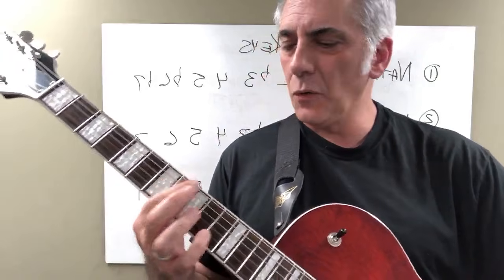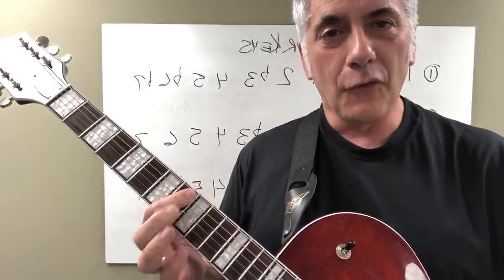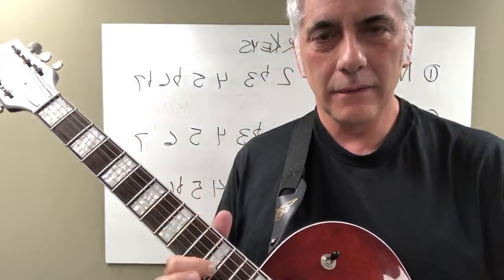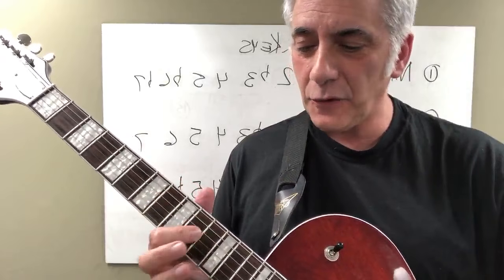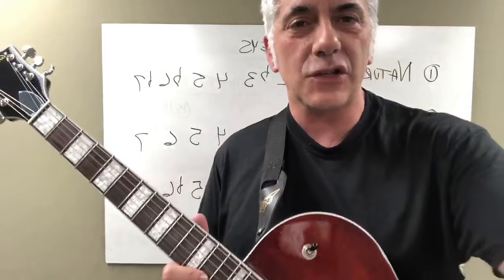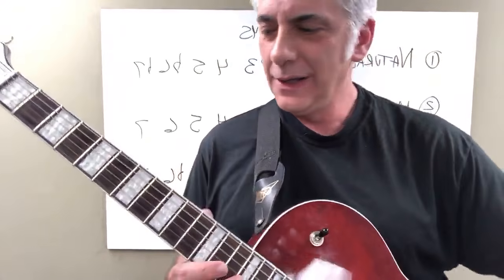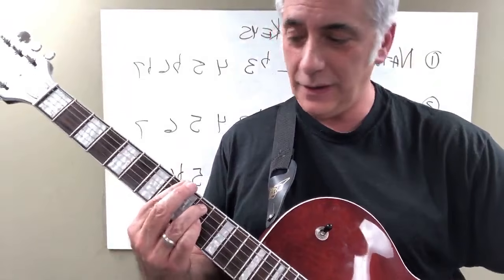That's Phrygian. So I'm going 1, flat 2, 4, 5. 1, flat 2, 4, 5. That flat 2 is really the sound of Phrygian. That's like a flamenco kind of thing.